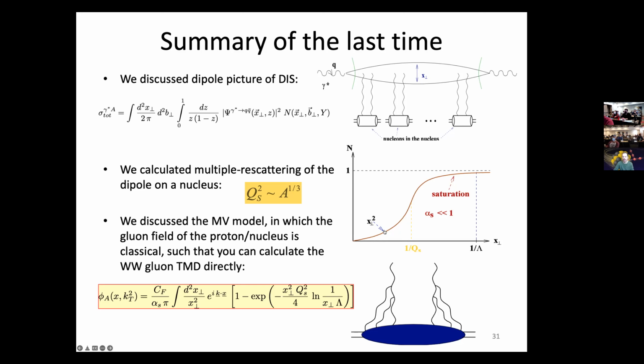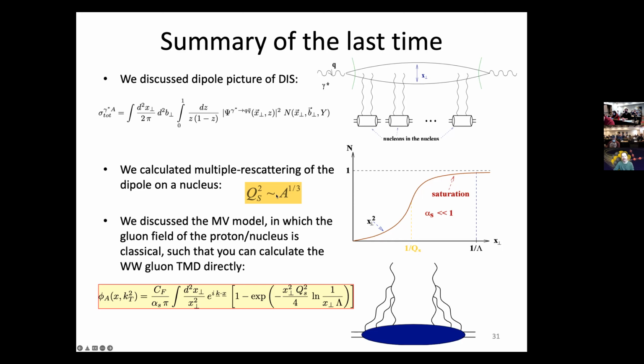We have something which grows and then eventually stops growing and reaches a limit, which is, in this case, a constant N equals 1 limit. And we also observed that the transition between this quadratic growth with dipole size and this saturation regime happens at dipole sizes which we can write as 1 over a momentum scale, and this momentum scale is called Q_S.